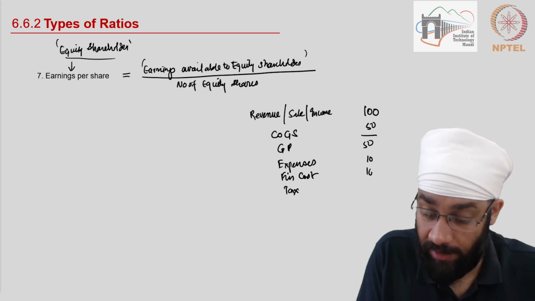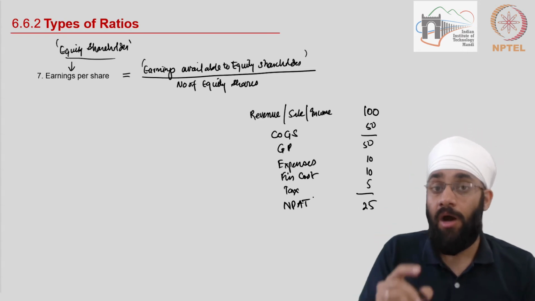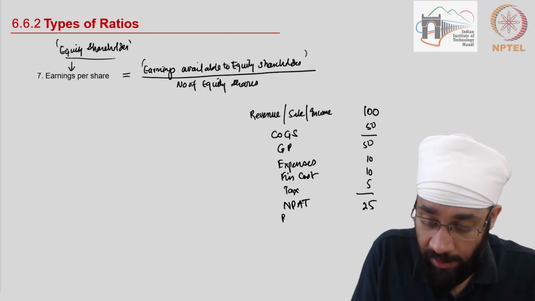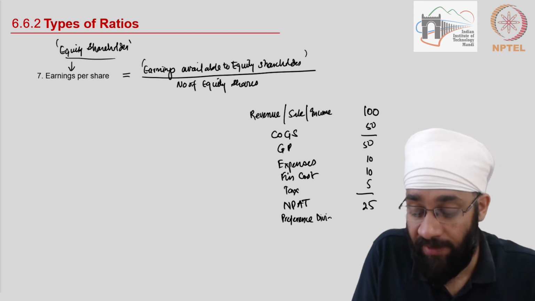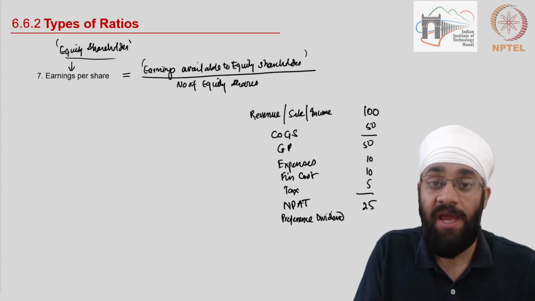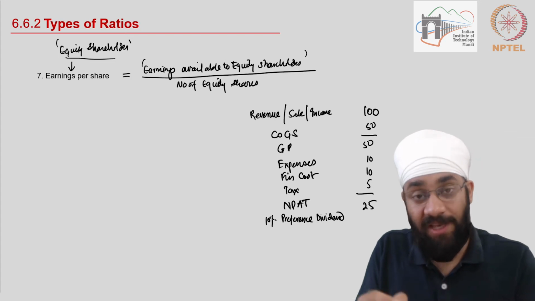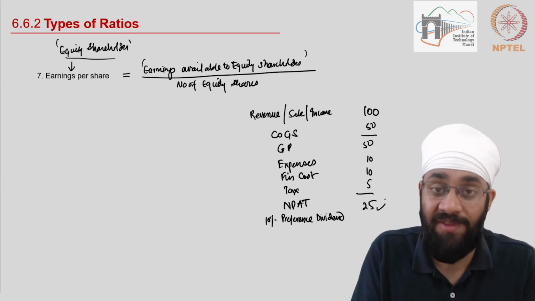So let's say 10, 10, and 5, and you're left with 5 as net profit after taxes. Out of this profit, the first right belongs to the preference shareholders. So you have to pay a dividend to preference shareholders at a certain rate. Let's say 10%. Now note that this 10% dividend does not mean 10% of this 25, the net profit.